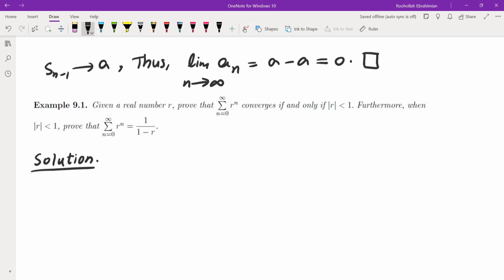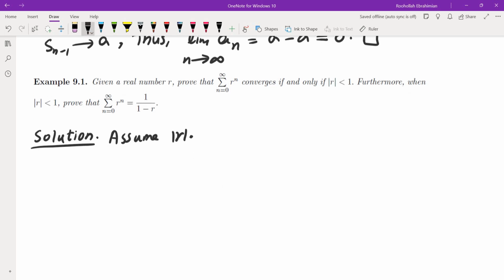So let's start with assuming that the absolute value of r is less than 1. If you look at the partial sum, the sum of r^n, n equals 0 to m, this is a geometric sum. We had a formula for a geometric sum. It's the first term, which is 1, minus the term after the last term, which is r to the power of m plus 1, over 1 minus the common ratio.